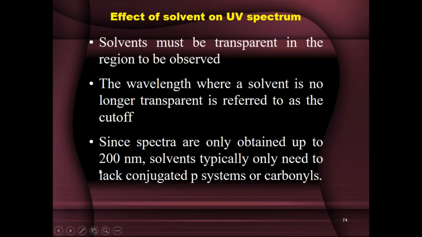So if we are working at 200 nanometers and longer wavelengths, the solvents which we use to make the solution must not absorb at those wavelengths. They will not absorb if pi electrons are not there, or you don't have n electrons in the molecule.